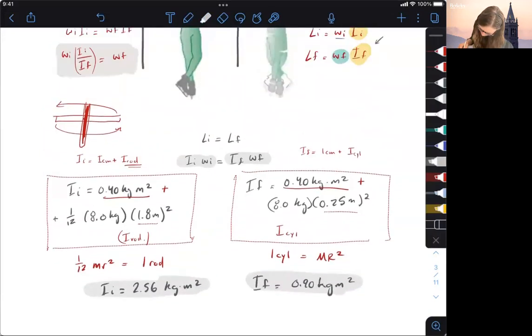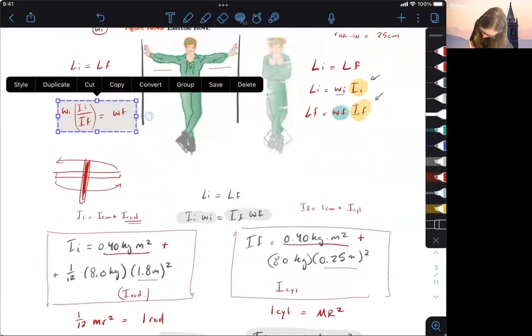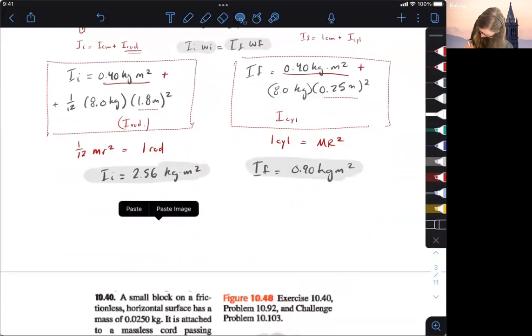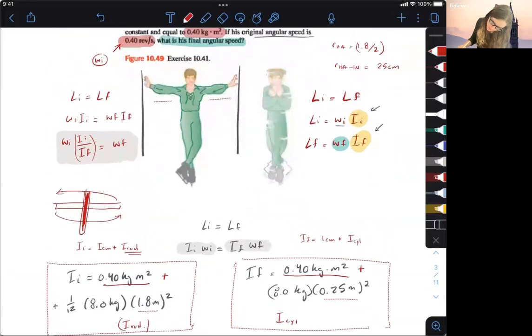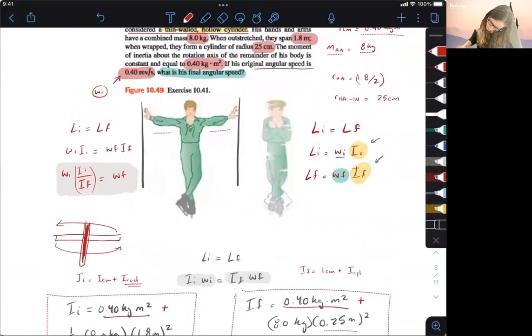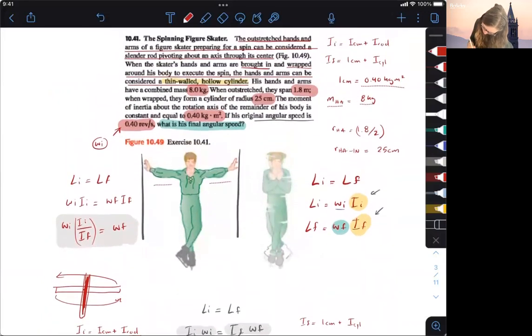So once we have both of these, what we decided that we needed to do, right, was that we needed to plug it in, okay? Just the ratio of those times our initial velocity that we were given, angular velocity. So we were given the initial angular velocity is equal to, what was it in this problem? Here we go, 0.40 revolutions per second.